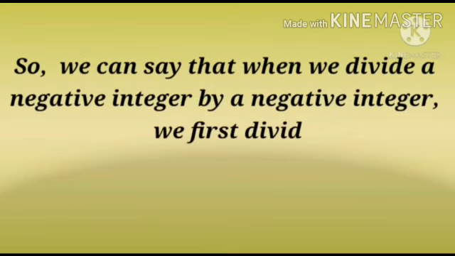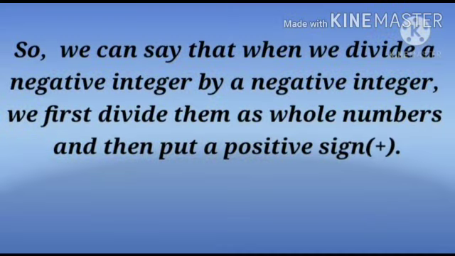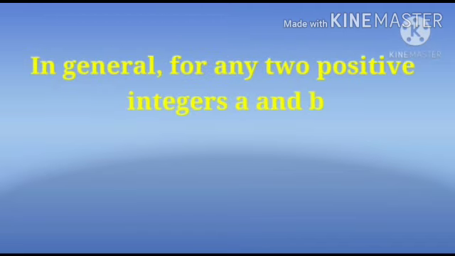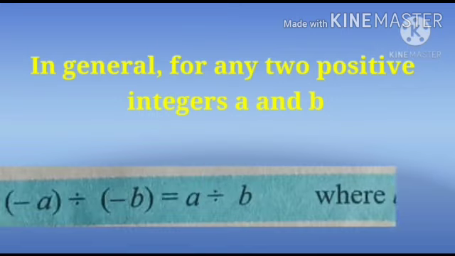So we can say that when we divide a negative integer by a negative integer, we first divide them as whole numbers and then put a positive sign. In general, for any two positive integers a and b, minus a divided by minus b is equal to a divided by b, where b is not equal to 0.